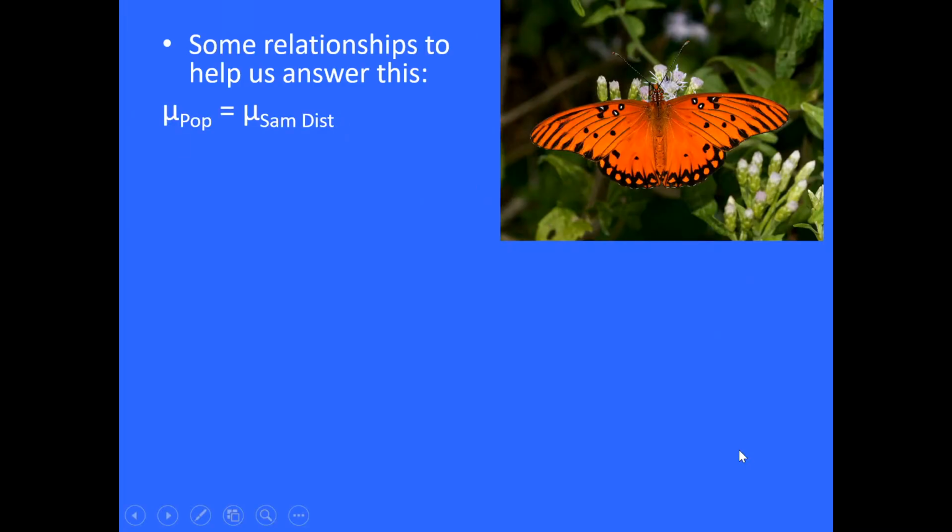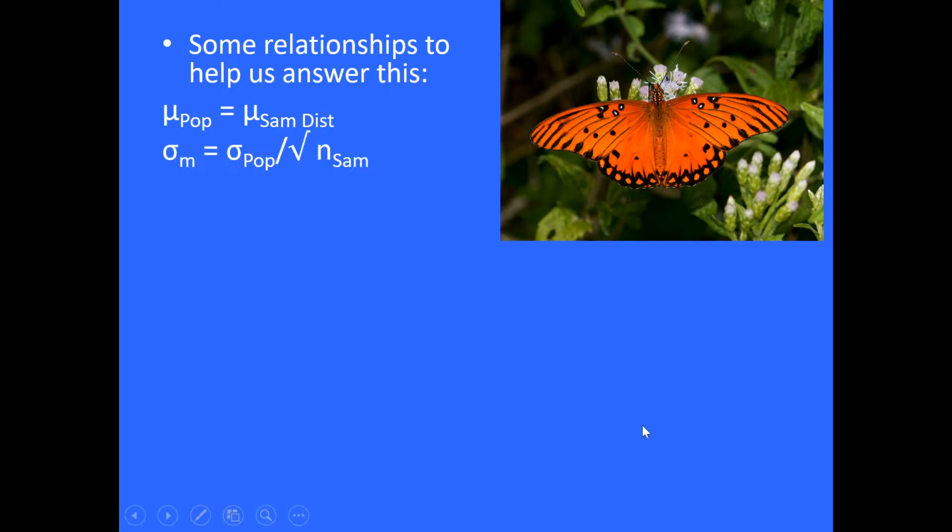First of all, the mean of the population is actually equal to the mean of the sampling distribution. So if the butterflies in the population have an average wingspan of 82 millimeters, then if we take samples of this, no matter how many or how big our samples are, the mean of every one of those distributions is going to be 82 millimeters.